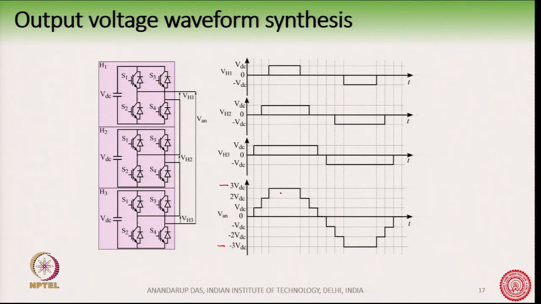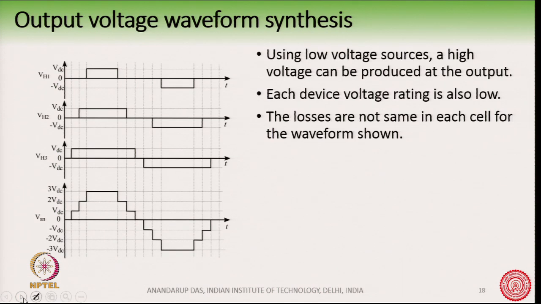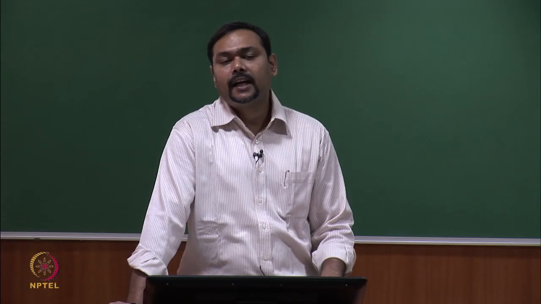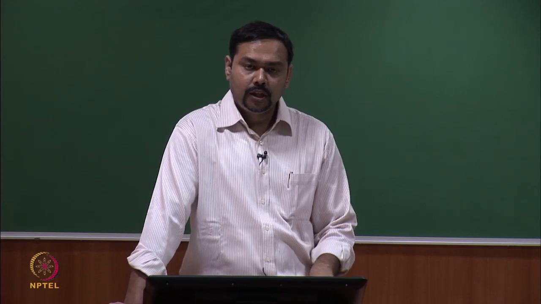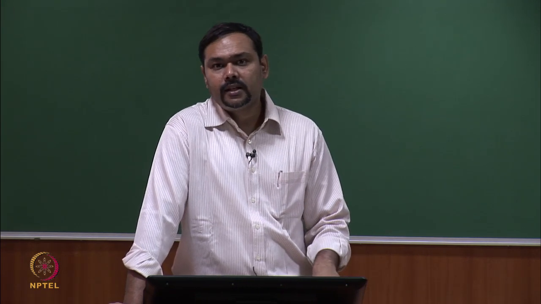There is a PWM here, here, here, and so it will come like this. We will show it later. So, this is what I was talking about: using low voltage sources, a high voltage can be produced at the output, where each device voltage rating is low.